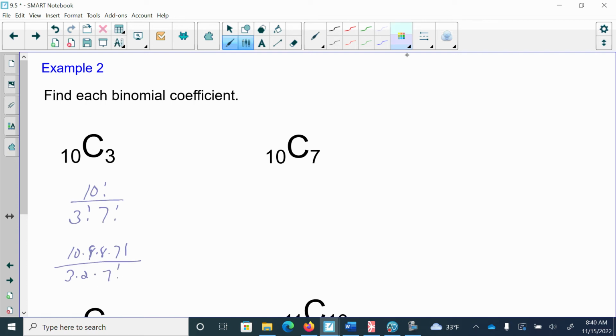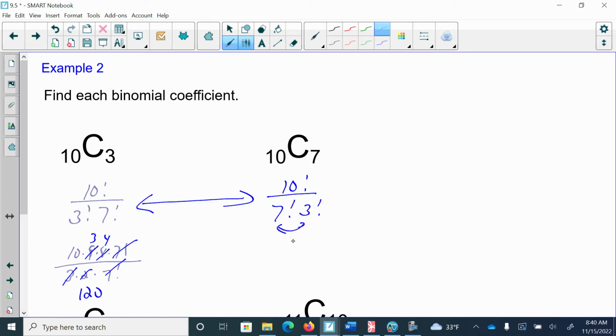The 7 factorials will simplify. The 2 and the 8, that'll be 4. The 3 and the 9, that'll be 3. So 120. When I do the combination 10 choose 7, I'm going to do 10 factorial over 7 factorial, and then 10 minus 7 is 3 factorial. That's the exact same work. The only difference is that these two switch orders, and my answer is still going to be 120.